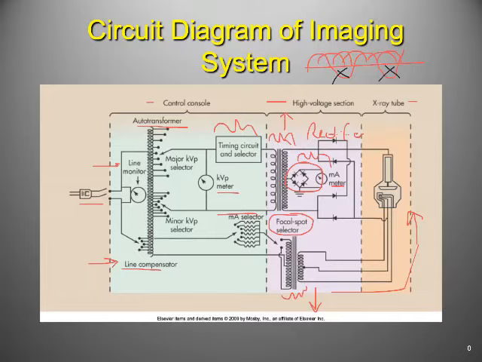So we'll look at that some more. But what this high voltage section here is doing in terms of the upstairs part, the kilovoltage side, is it's stepping up the potential, right, into the kilovolt section of potential so that it can pull those electrons across the tube and generate a whole lot of power, right?